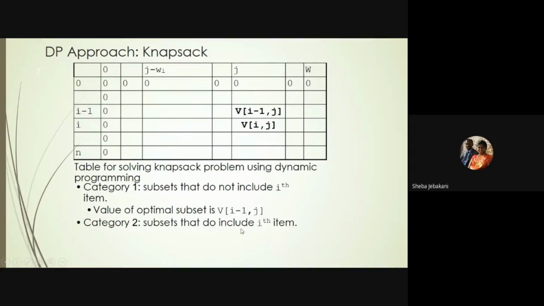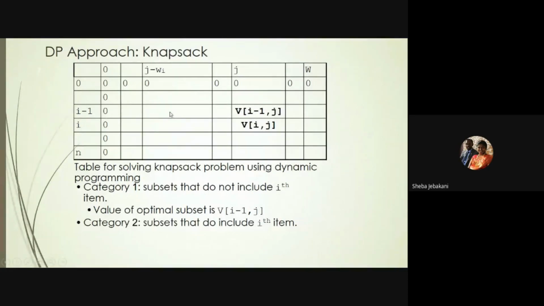But if I include the ith element, I told you if the weight is wi, then I have to go to the j minus wi'th position in the previous row. So that means I have to come to this particular location. Supposing this is the j minus wi'th position, then I minus 1 and j minus wi, this is the position I have to come to.